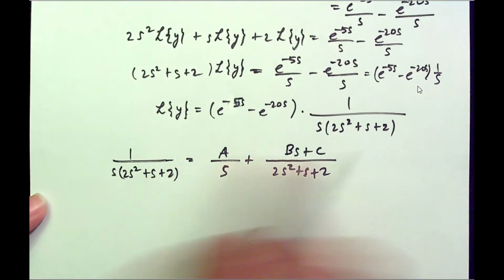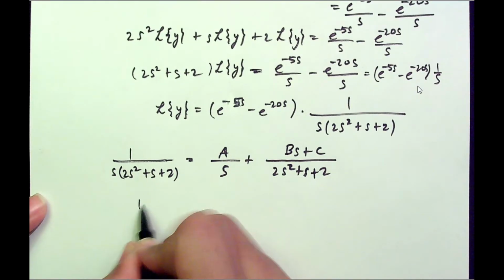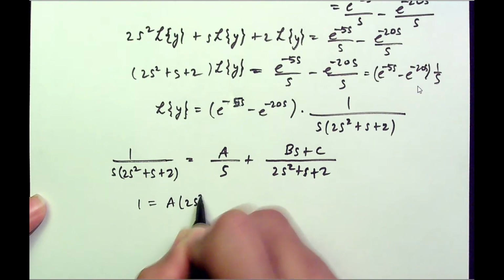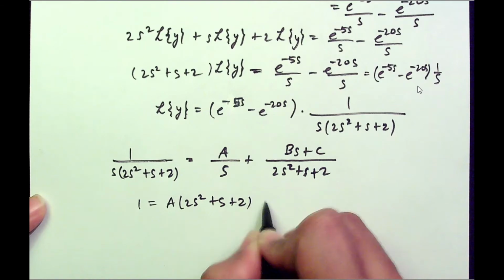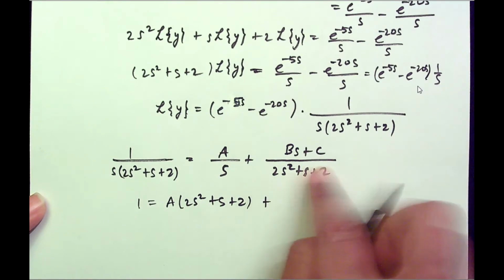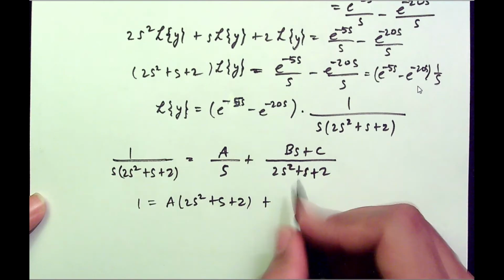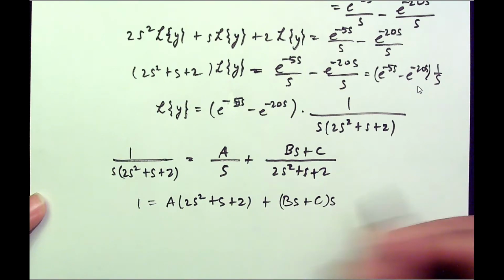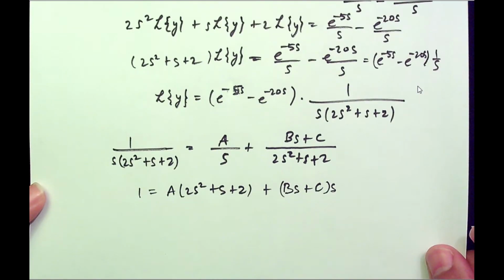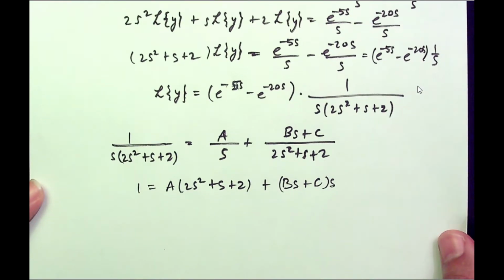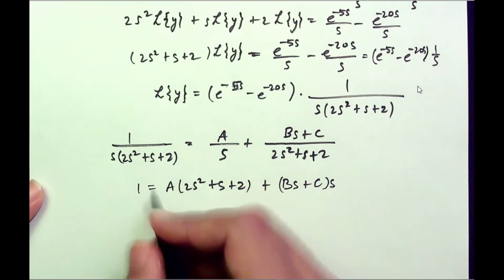Now, multiply both sides by the denominator. You're going to get 1 equals A. The s is cancelled, so you get 2s squared plus s plus 2, plus, now multiply this one. The bottom cancels, so you only end up with s. So Bs plus C times s. Okay, then let's plug in.